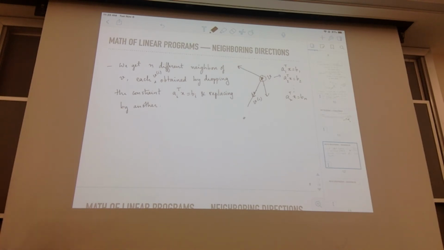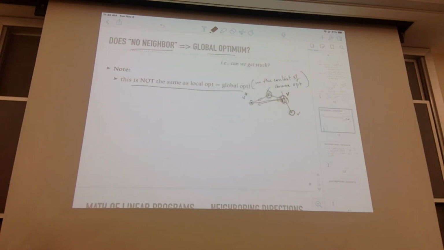So let's go back to this slide. We can draw this. We have this V guy that we will draw being like this. And this plane is A2 transpose x.